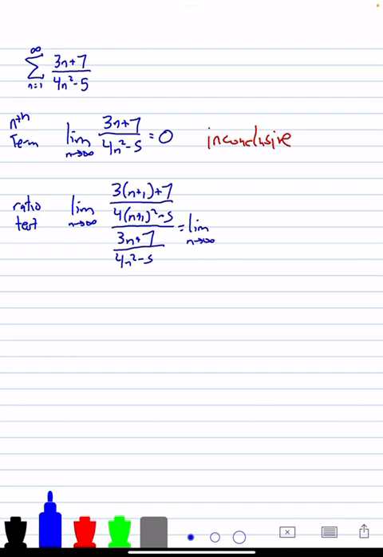Okay, and now in the numerator, after we distribute this, we would have 3n plus 10. Over, this would be 4n, what would that be, n squared? Let's do it on the scratch paper. Okay, this would be 4n squared.